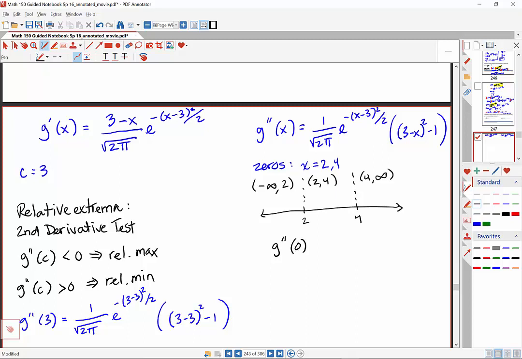That'll be easy. It's going to be 1 over root 2 pi e to the negative 0 minus 3 squared over 2, and then 3 minus 0 squared minus 1. So g double prime at 0 is going to be negative.